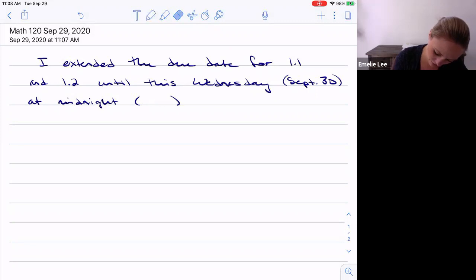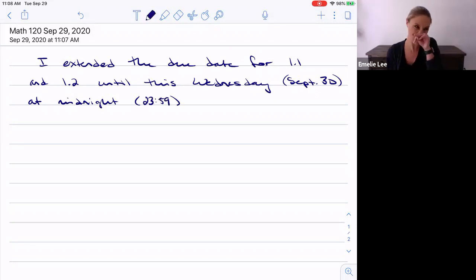And I prefer a 24-hour clock, so 23:59, just so there's no confusion. Okay.